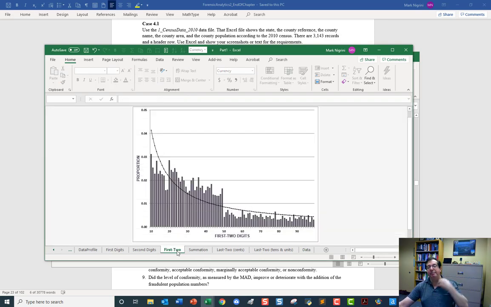And you can see what's happened. All my numbers were from 2,000 to just under 5,000, which means they all had first 2 digits from 20 up to 49.